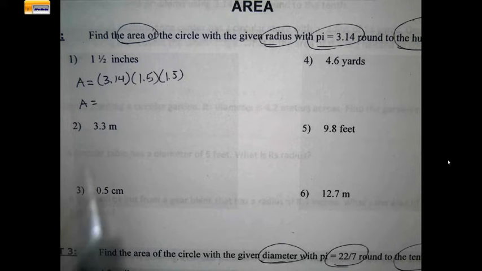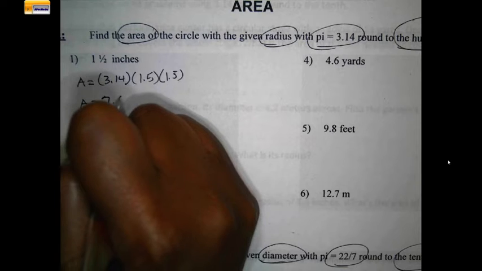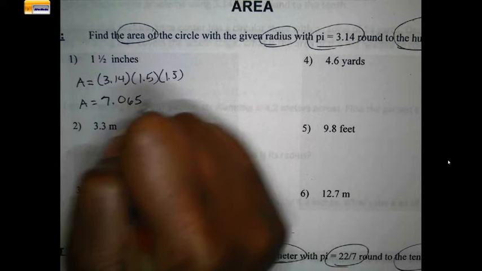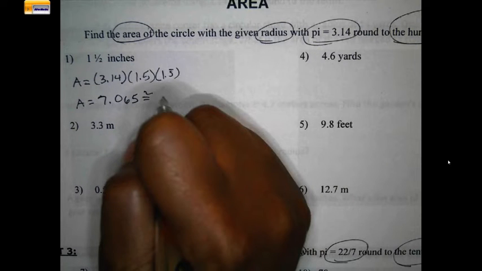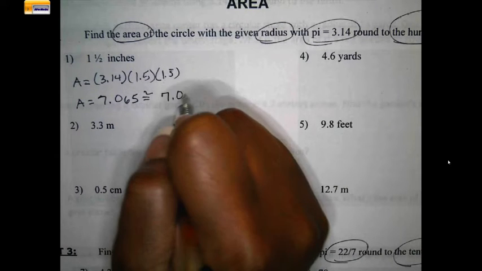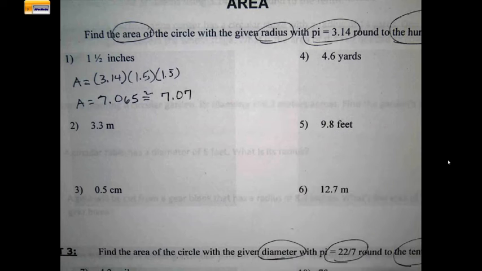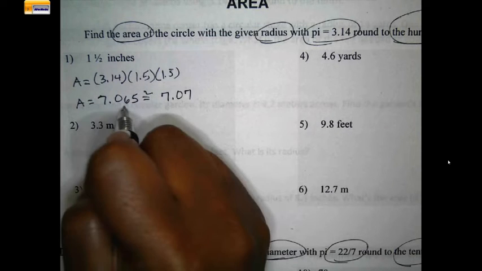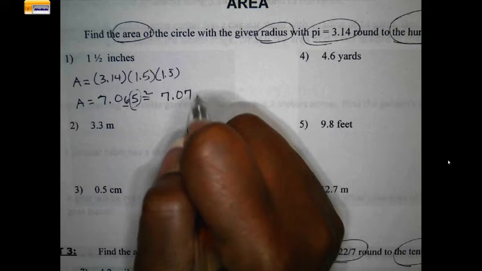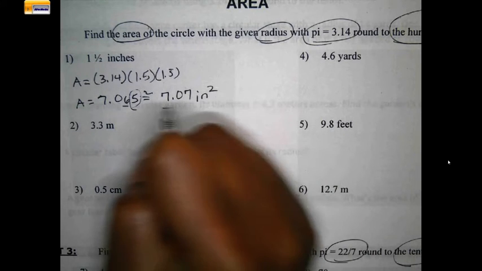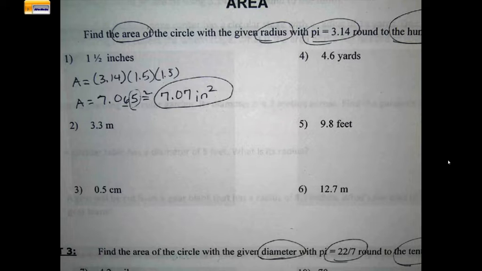So I got 7.065, but I need to round it to the nearest 100. 7.07, right? Here's the hundreds place, so look right to the right. And this is inches squared. 7.07 inches squared.